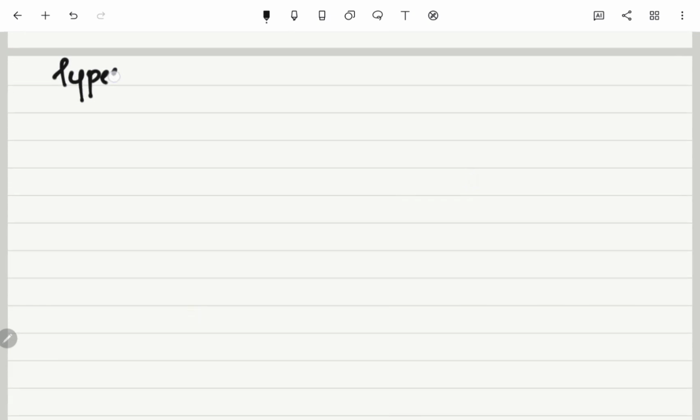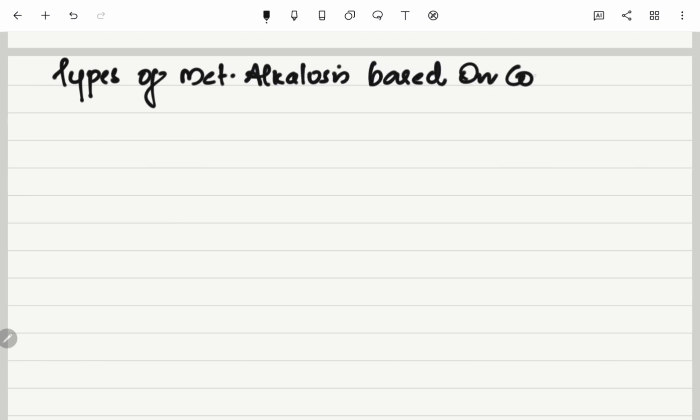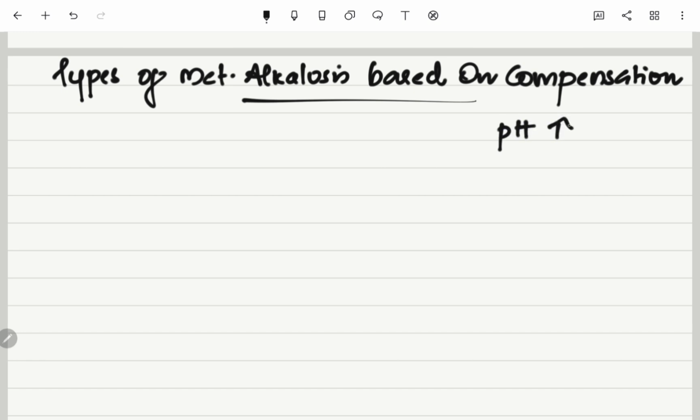Now, we will explain the types of metabolic alkalosis based upon the compensatory mechanisms. Before starting, the primary defect is that pH is increased and HCO3 values are also increased.